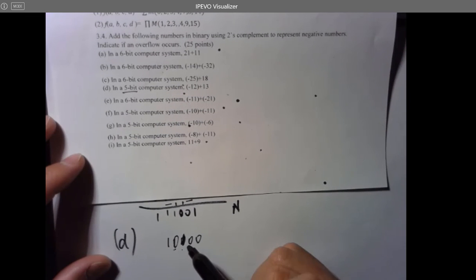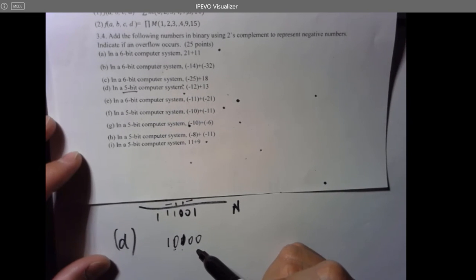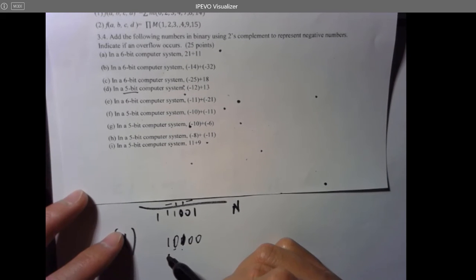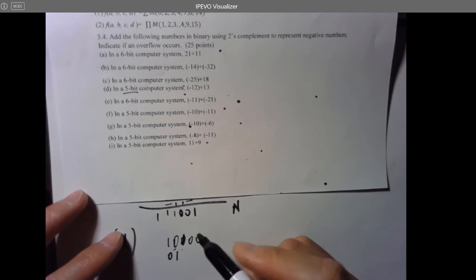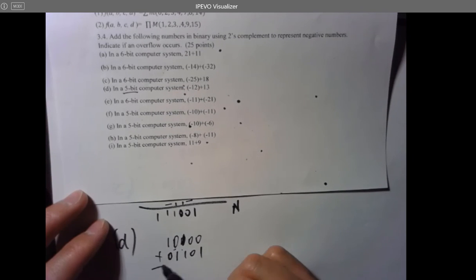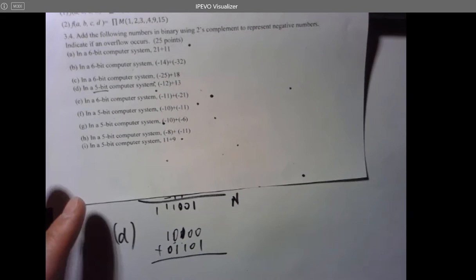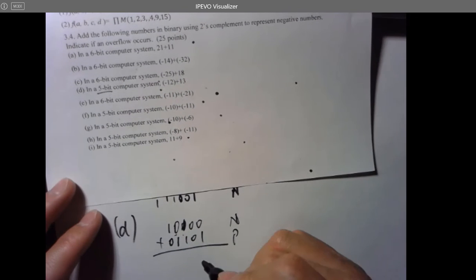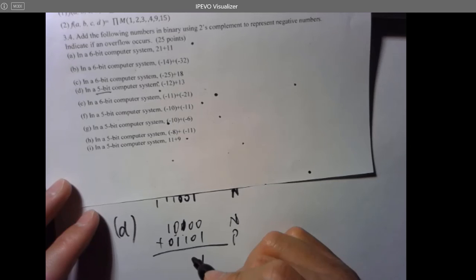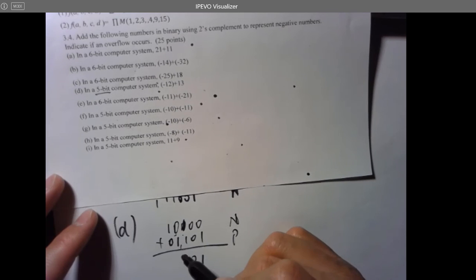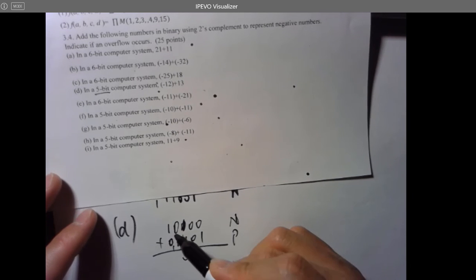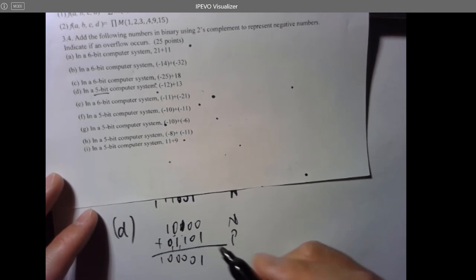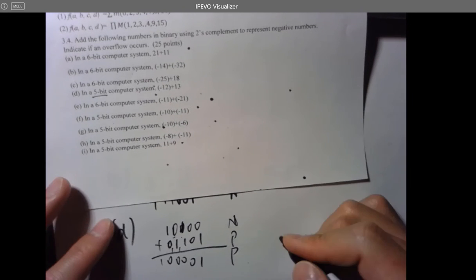And it's a 5-bit, so we have 5 bits already. And plus 13. For 13, you need 8 plus 5. Definitely no overflow, because you got an N plus P. There's no chance to get overflow. So this is 1, 0, 0, 0. Whatever you are getting, there's definitely no overflow.